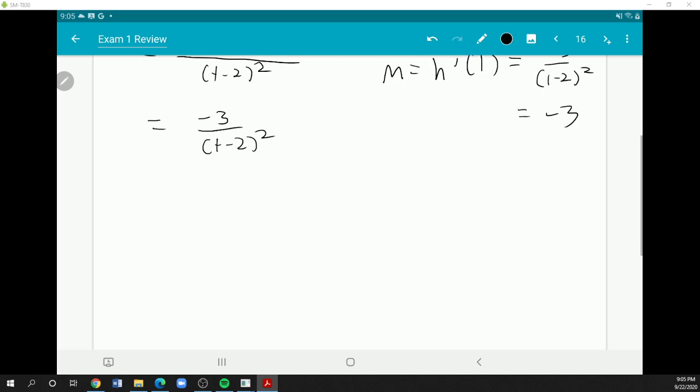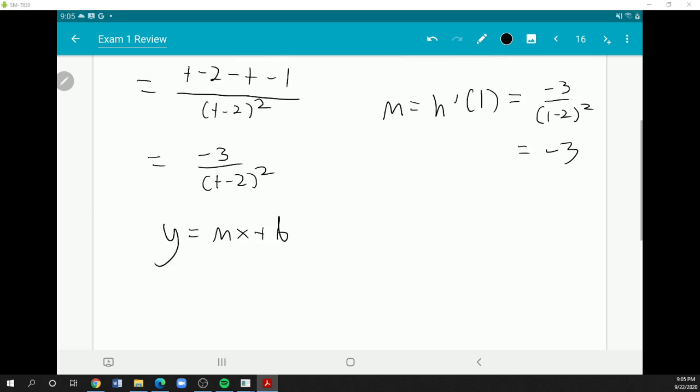So I can put everything together. Y equals mx plus b. Minus 2 equals minus 3 times 1 plus b. Add in the 3 on both sides. I get 1 equals b. So the equation of my tangent line is y equals minus 3x plus 1. And that works out nicely.